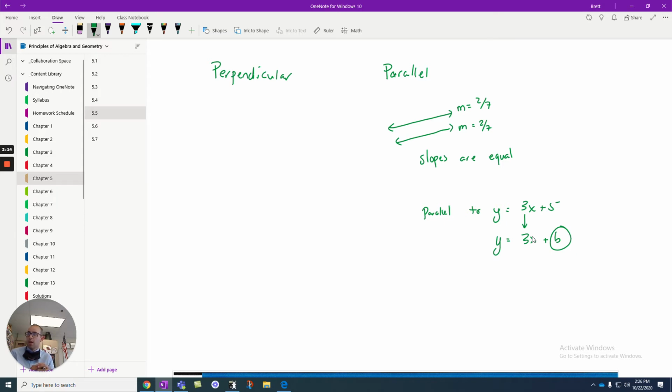Conversely, when we talk about perpendicular, we're looking for a specific type of interaction or intersection. Perpendicular is any line that crosses through another line at a 90-degree angle. It's really important that we have this in the world that we live in because it creates stability in structure.